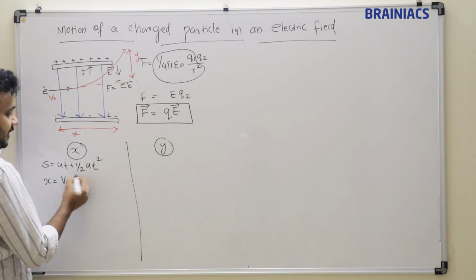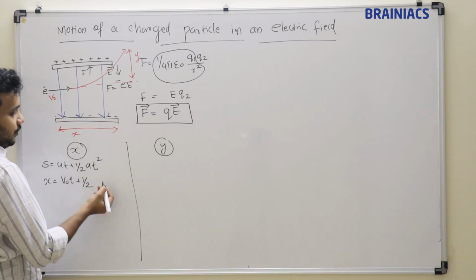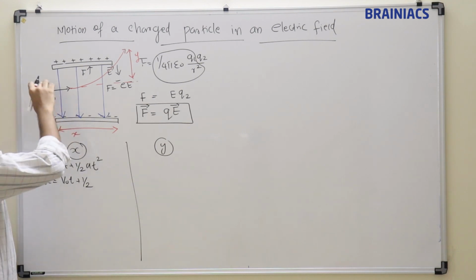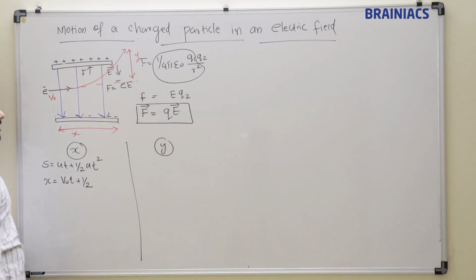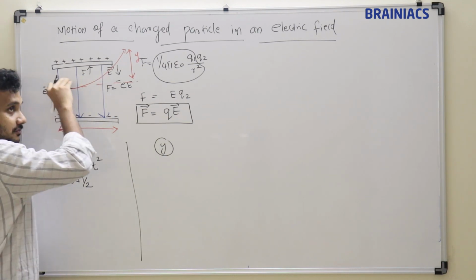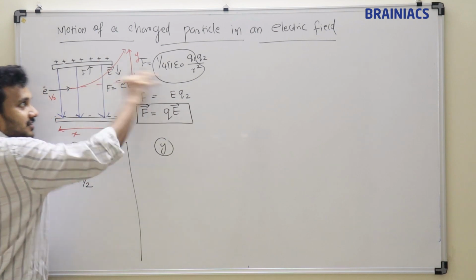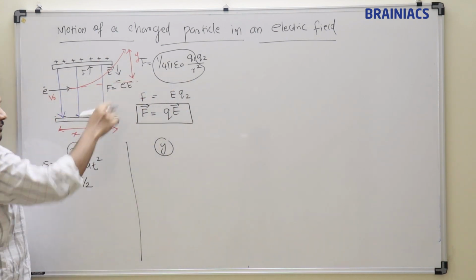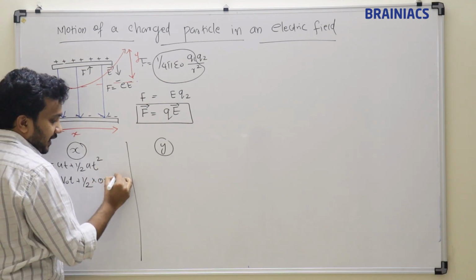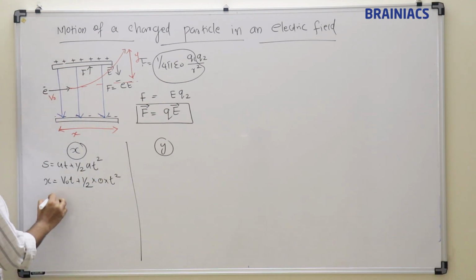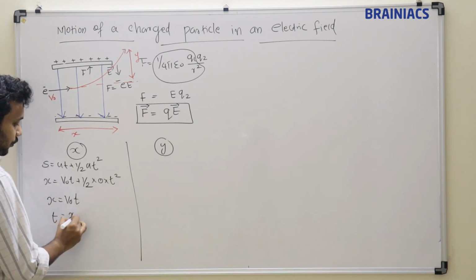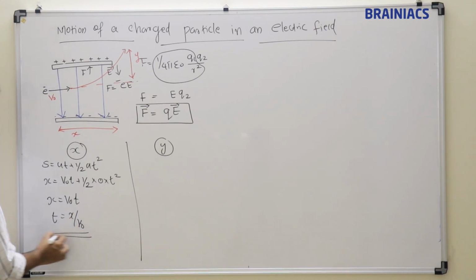And the time is t, plus half into what is the acceleration in the x direction? If an electron is placed in this direction, then the initial velocity will be there. After that, nobody is there to accelerate in the x direction. Nobody is pushing like this, right? So the acceleration in the x direction is equal to 0. So x will be equal to V0 into t, and t will be equal to x divided by V0. This is what we got.